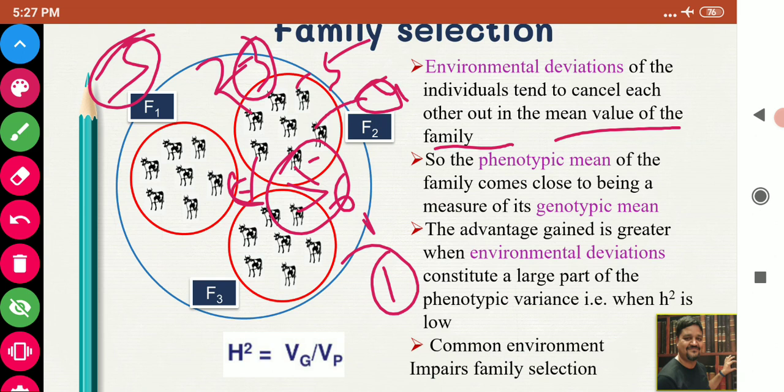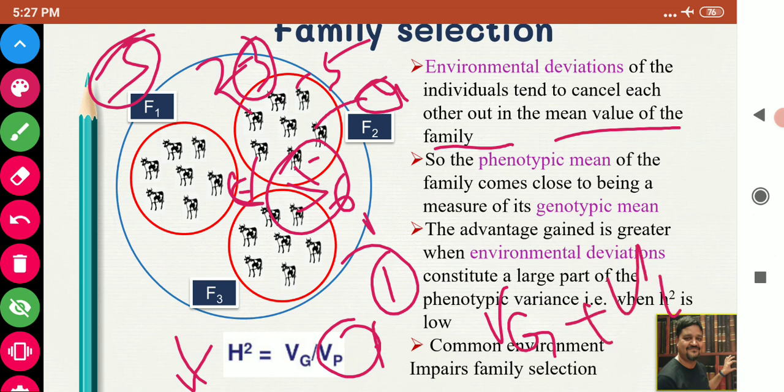That is why, suppose the environmental deviation is large, that means heritability will be low. You can see the definition of heritability: H square is equal to Vg by Vp, and Vp is made of two components, Vg plus Ve, that means environment.